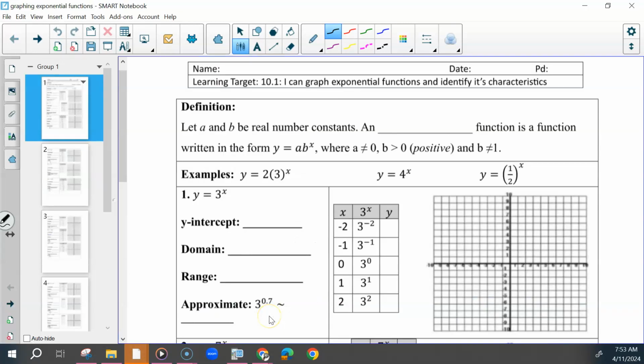Today we are doing some more graphing, but now we're talking about a different type of function. This is still 10.1 because all of it is graphing exponential and quadratics and finding their characteristics.